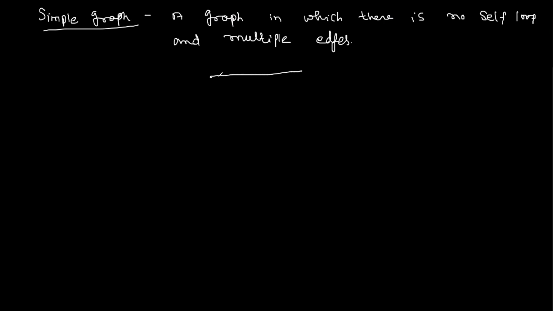Okay, this is a simple graph. Okay, so what do self loop and multiple edges mean?